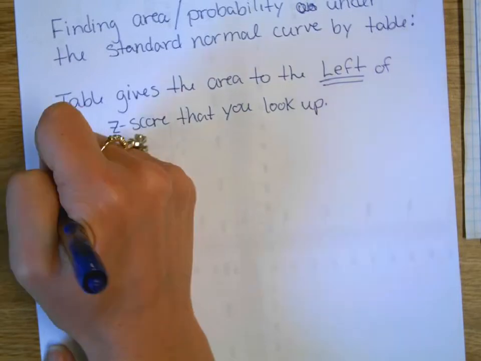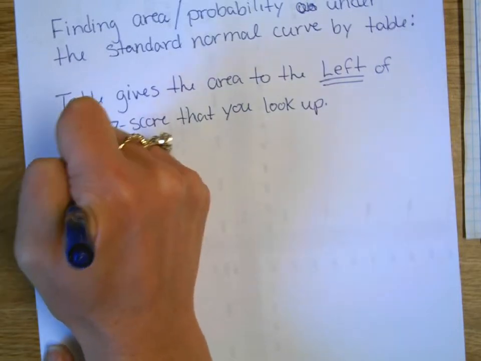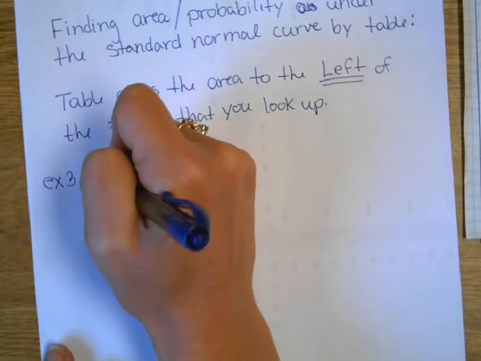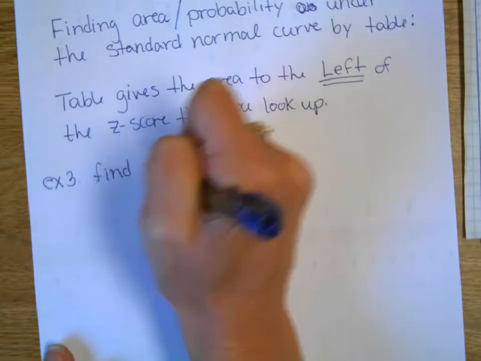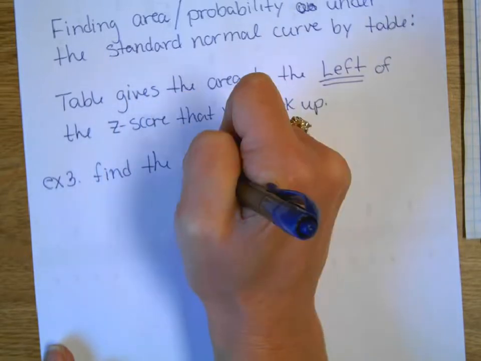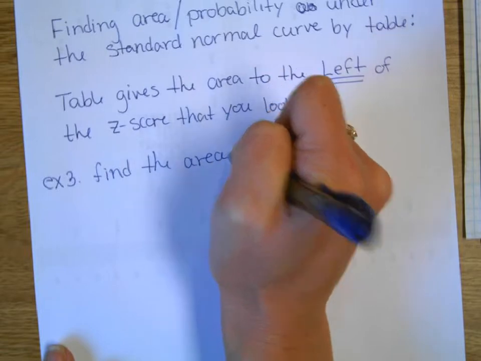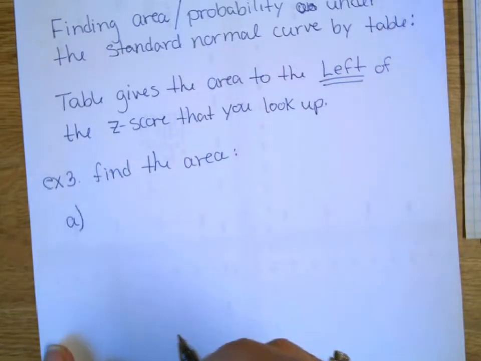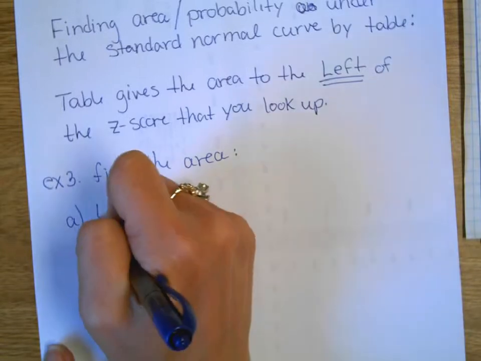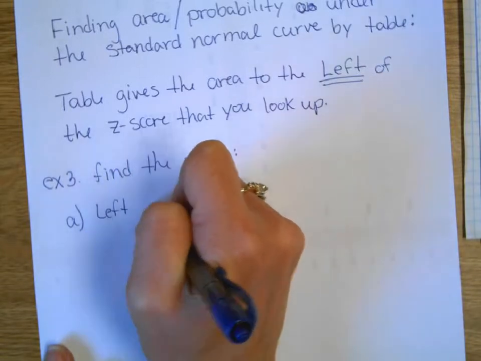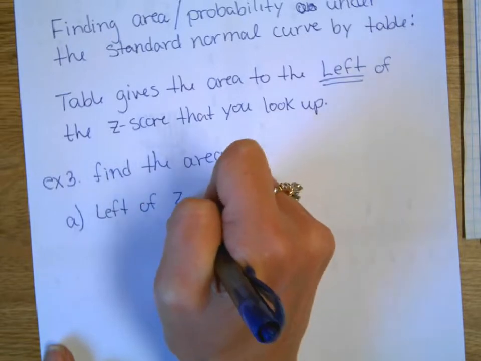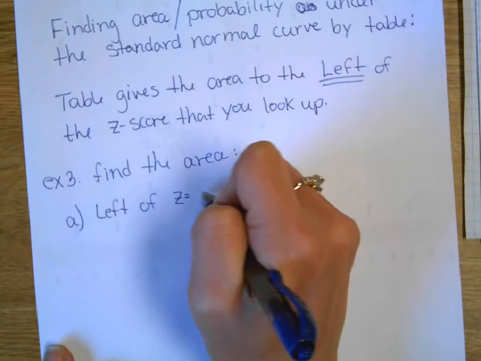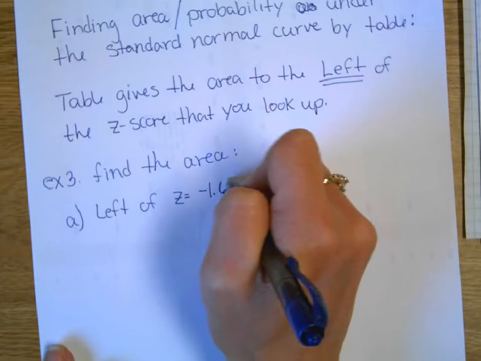Is this example 3? Okay. Find the area to the left of a z-score equal to -1.63.